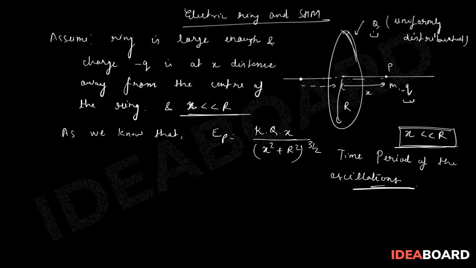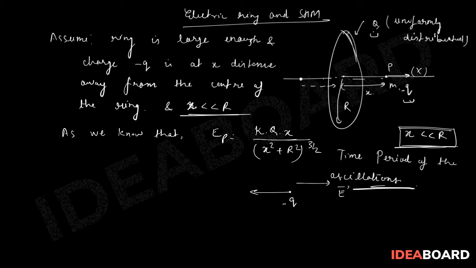And it will obviously be directed towards the positive x-axis, right? Because the ring is positively charged. Now this particle is of negative charge, so as the electric field is directed towards positive x, the force will be directed towards the negative axis.